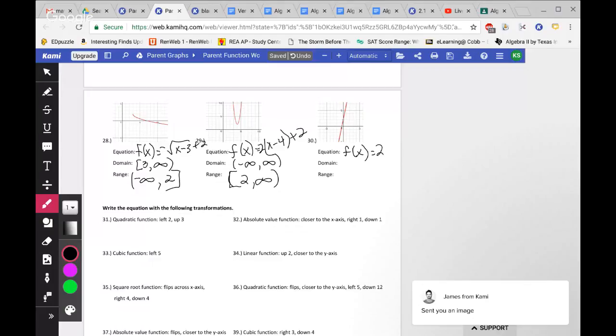You're going up what? 2? Yes. Plus 2. I'm venturing to say that that's what it is. I'm having a hard time reading the graph myself. So the domain is negative infinity to infinity for both. Yes.